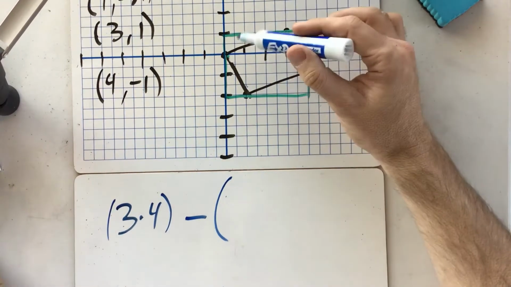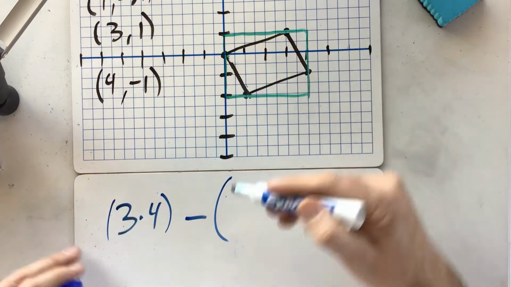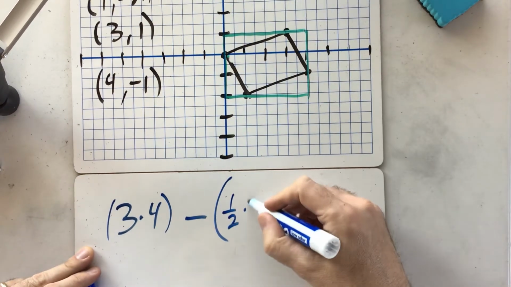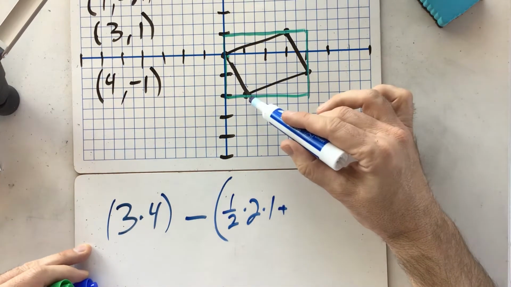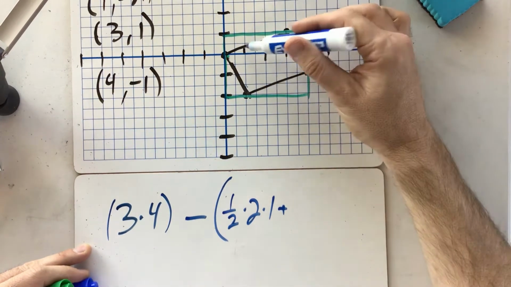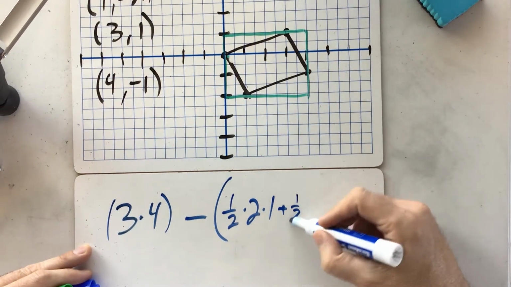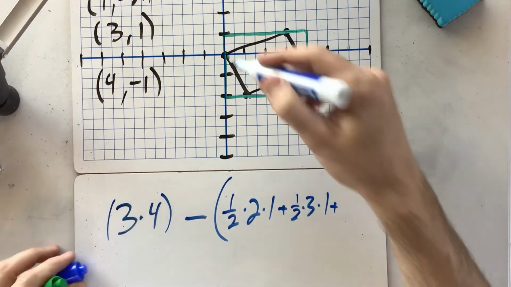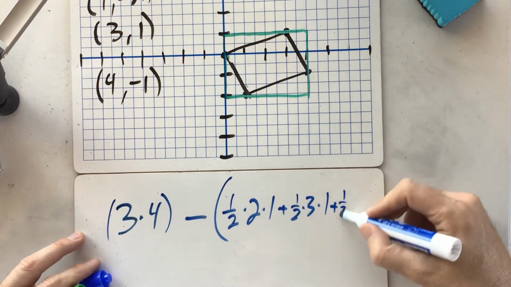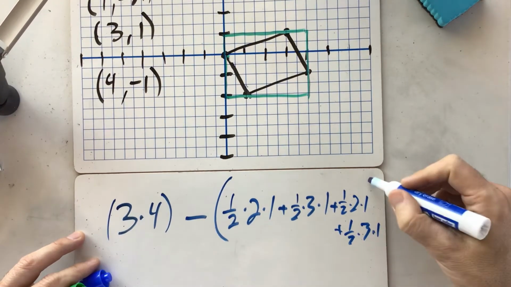Then we'll subtract off the areas of each of these triangles. So this triangle right here looks like it has an area of 1/2 times 2 times 1. And then this one looks like we have an area of 1/2 times 3 times 1, plus, and then those two are the same triangles in other versions. So 1/2 times 2 times 1, 1/2 times 3 times 1.